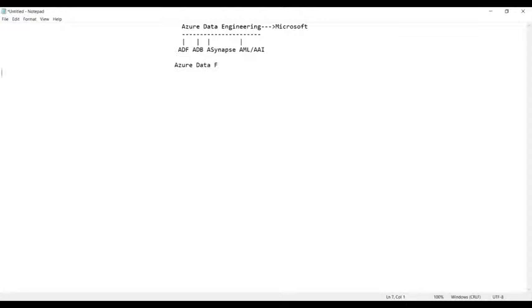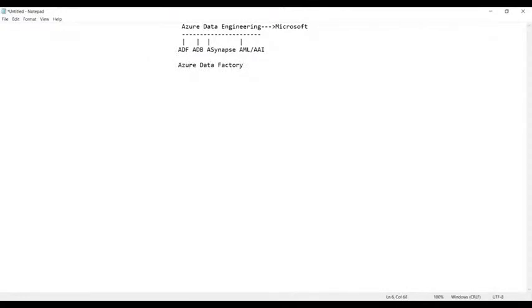Under this Azure data engineering, we have ADF as a service. ADF stands for Azure Data Factory. Guys, you must interact with me, that's better. Now, what is Azure Data Factory?